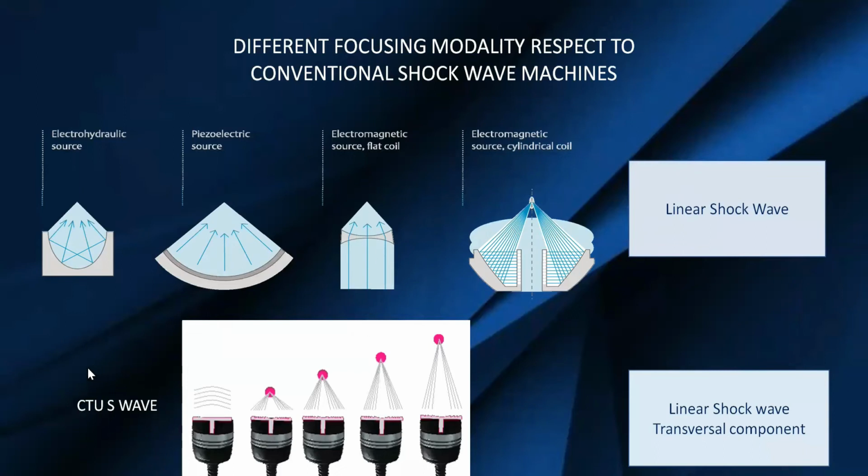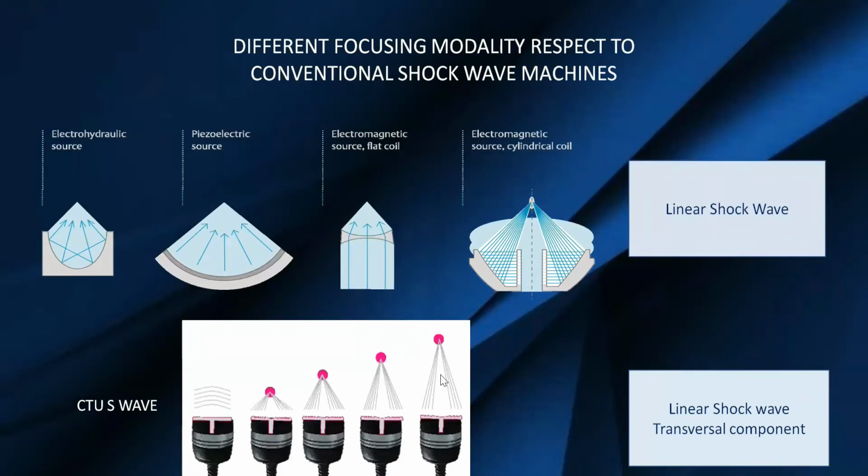With the CTU shock waves, we have the generation of the focused acoustic impulse outside the probe. And the generation of the shock waves is secondary to the movement of the lens.